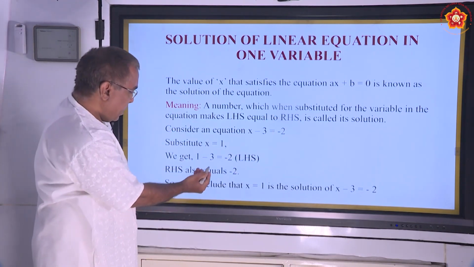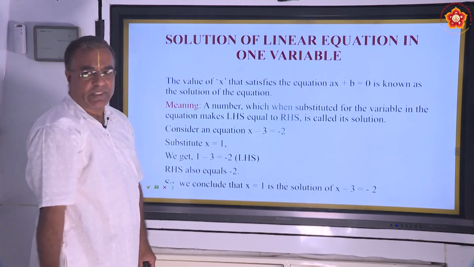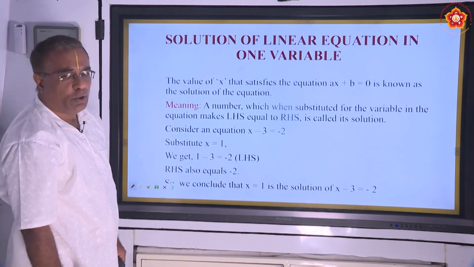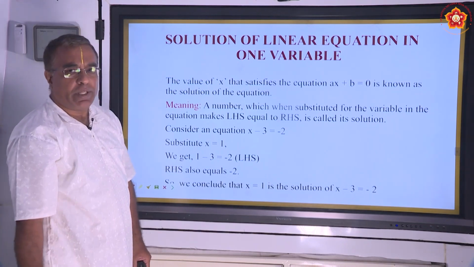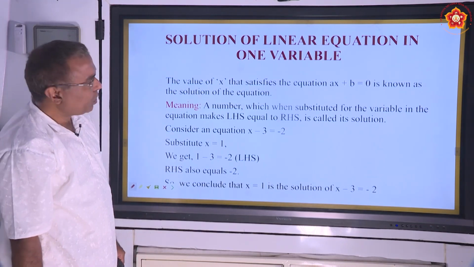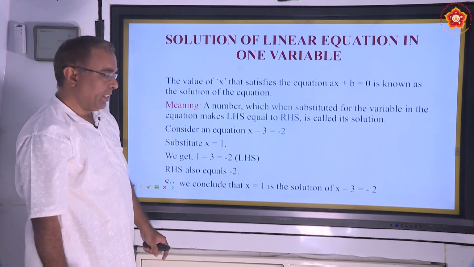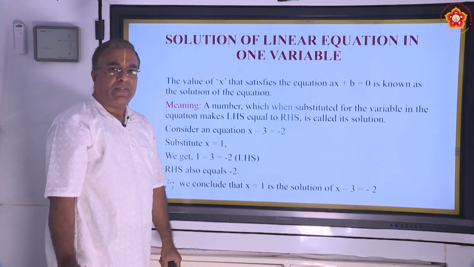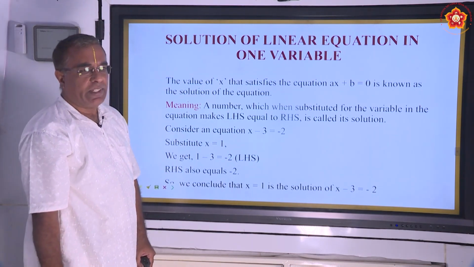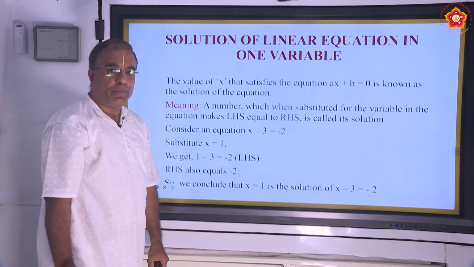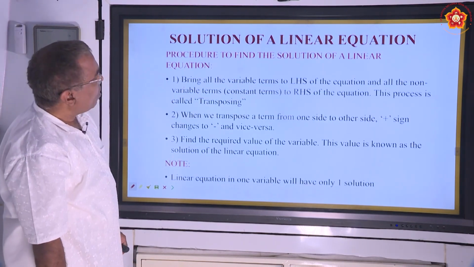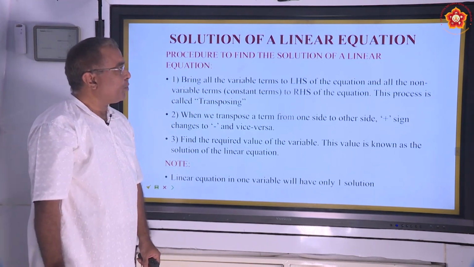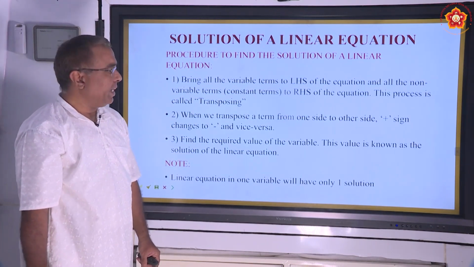So, we note that LHS is equal to RHS. Whenever LHS is equal to RHS, we can say that that particular value is a solution or root of the given linear equation. In case LHS is not equal to RHS, then it is not a solution of that linear equation. Now, let us discuss the procedure to find the solution of a linear equation.